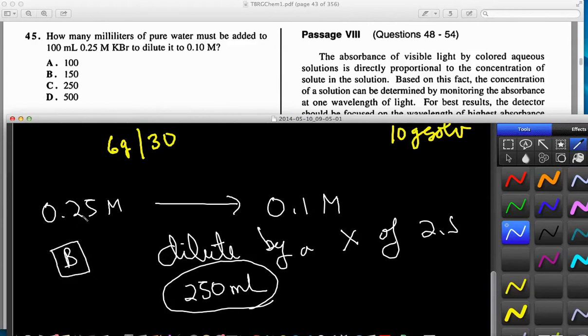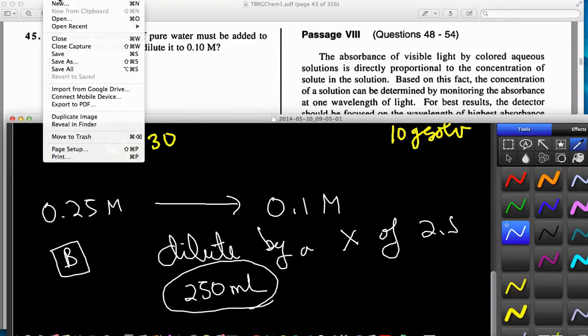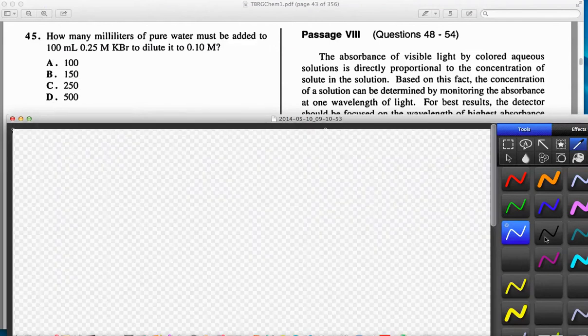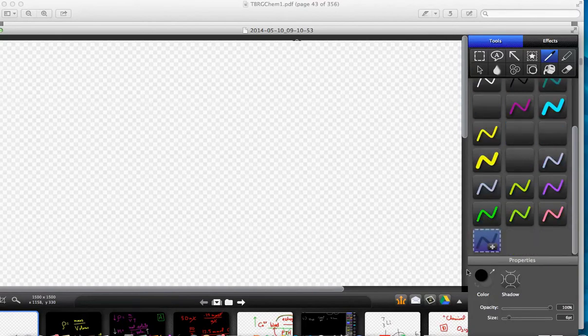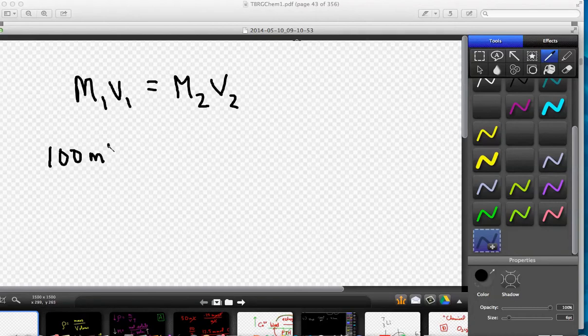Now, if that bothers you, let me show you another way you can do it. You can do the old familiar M1 V1 equals M2 V2, which is what I just did, by the way. Because we have 100 mils, I would not convert.